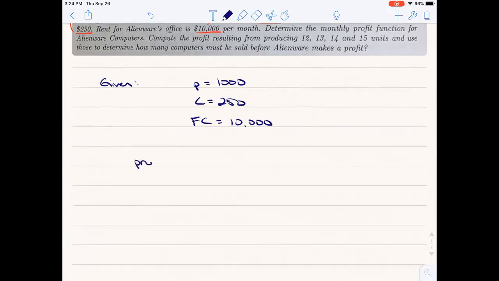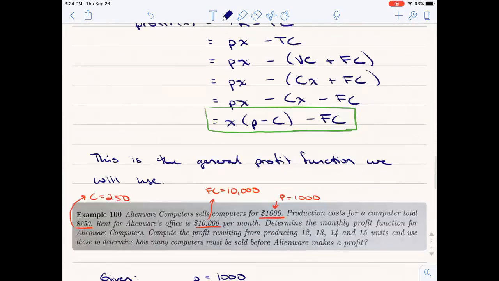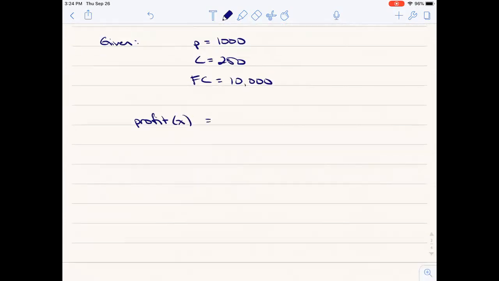So if we're making a profit function, just for practice, I'm just going to develop that profit function that we did before. I will skip a few steps because it's going to be the exact same as this. Profit is the total revenue minus the total cost.